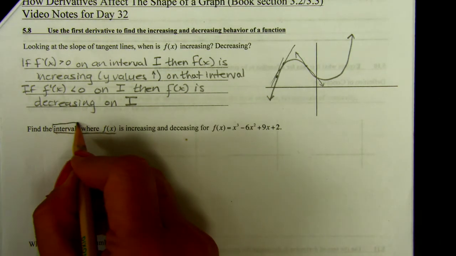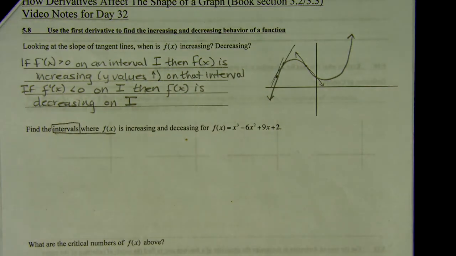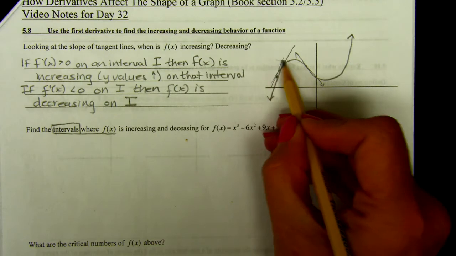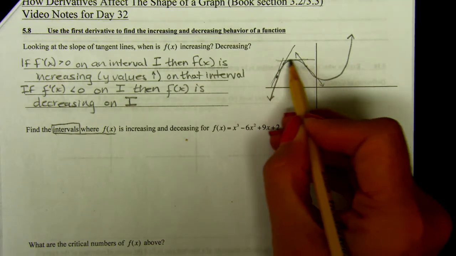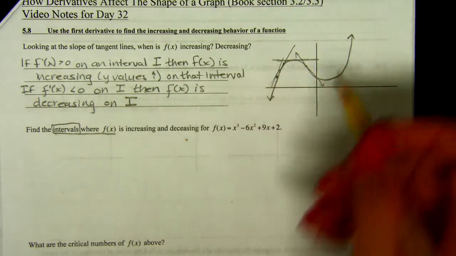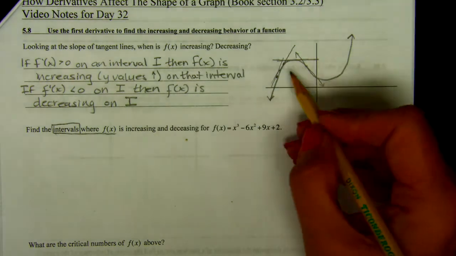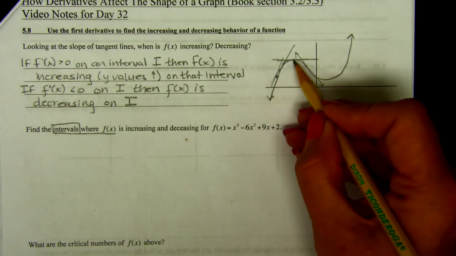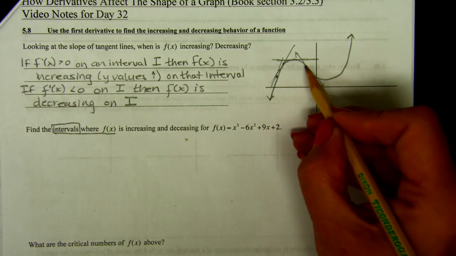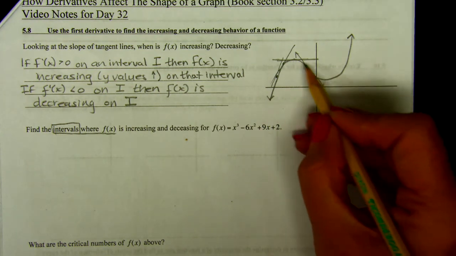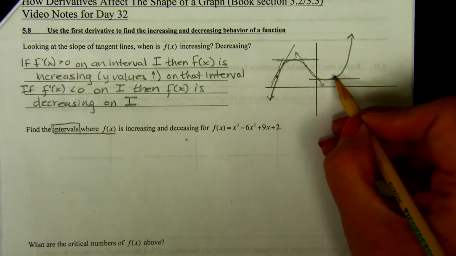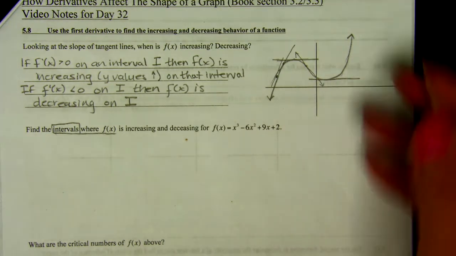So this time we are looking for an interval. So what we would probably need to do is find out where the derivatives are 0. Because where the derivatives are 0 is where the increasing behavior changes to decreasing behavior, or where the decreasing behavior changes to increasing behavior.